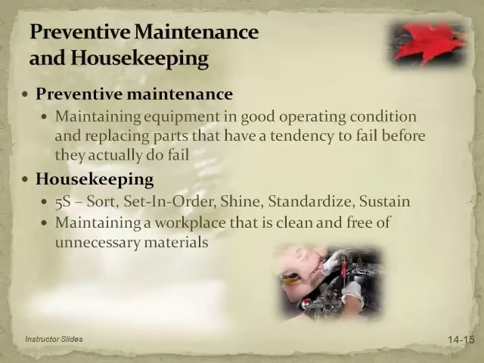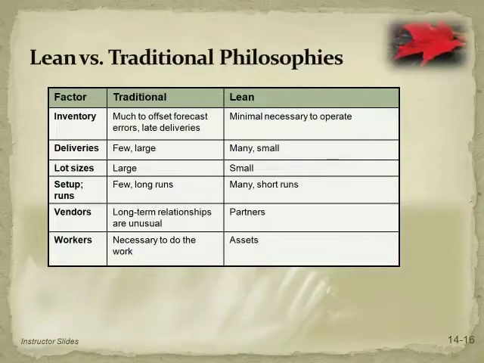Let's make sure we do this all over the factory. And then sustain. If we ever see clutter starting to build up again, then we're getting away from 5S. Go through this again. Sort, set in order, shine, standardize. A place for everything and everything in its place. And typically, that's the first step in our journey to going lean.